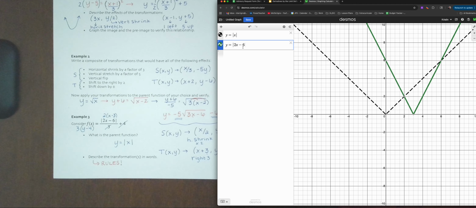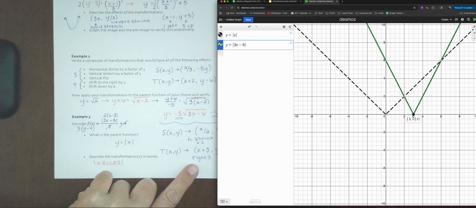Well, actually, let's just talk about this for a second, 2x minus 6. What you should notice, because all I've done so far are the x transformations, this did shift to the right, which we said it was going to do, but it shifted to the right by 3 and not by 6, right? And so that's why it's important for you to factor out that 2, because the shift was actually only by a factor of 3. And then it also got twice as skinny.